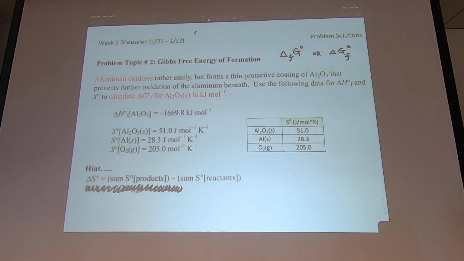The first thing to know, at constant temperature, is that delta G is delta H minus T delta S. That is a definition.